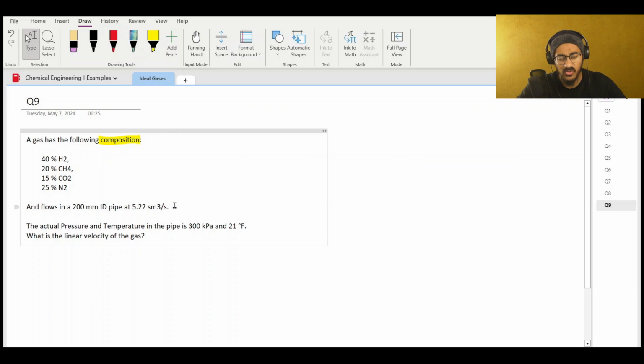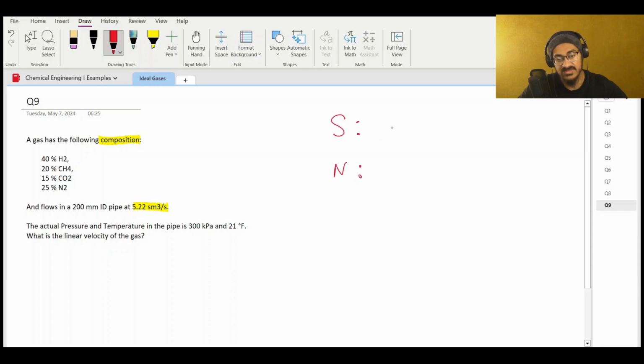Now, I remember when I was studying, I was super confused about what this whole S and N means. In the semester test 1 preparation, I also discussed ideal gases, but I told you, don't freak out. Anytime you see S or N when you're dealing with gases, just remember that it's a shortcut for specifying what the temperature and pressure is.